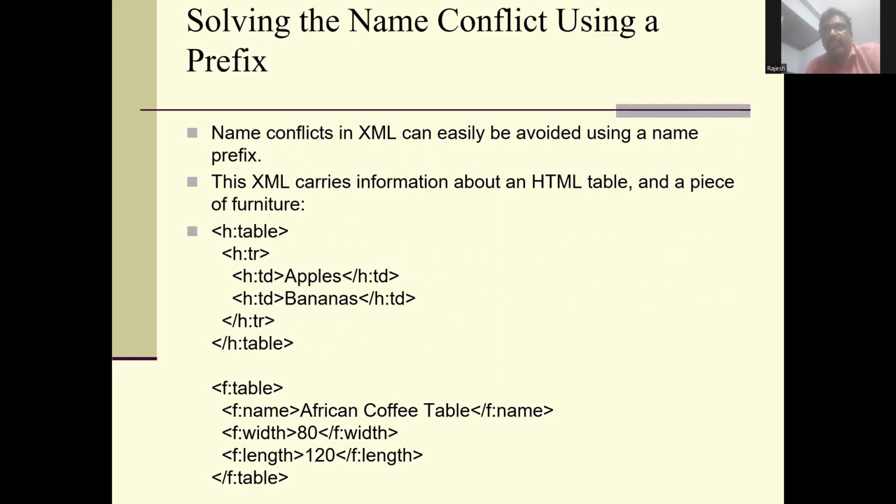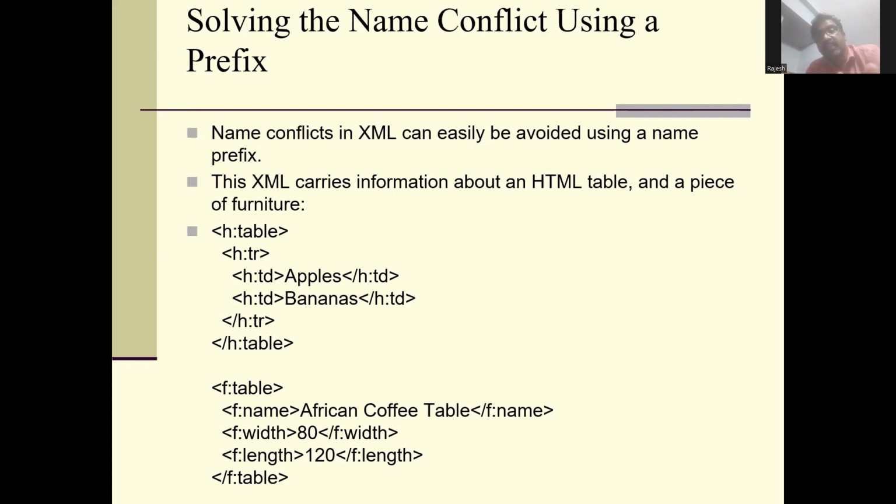To solve the name conflict, we use a prefix. For example, here I've shown two different types of tables. One belongs to HTML, another belongs to furniture. The HTML table has predefined tags, in which we have the tr tag and td tag.